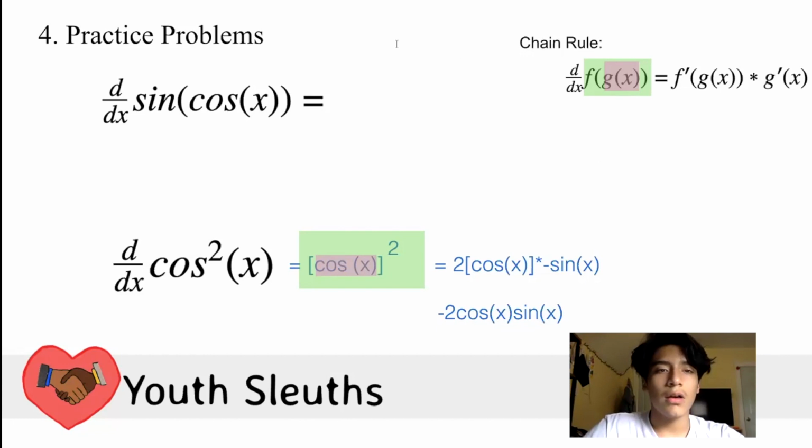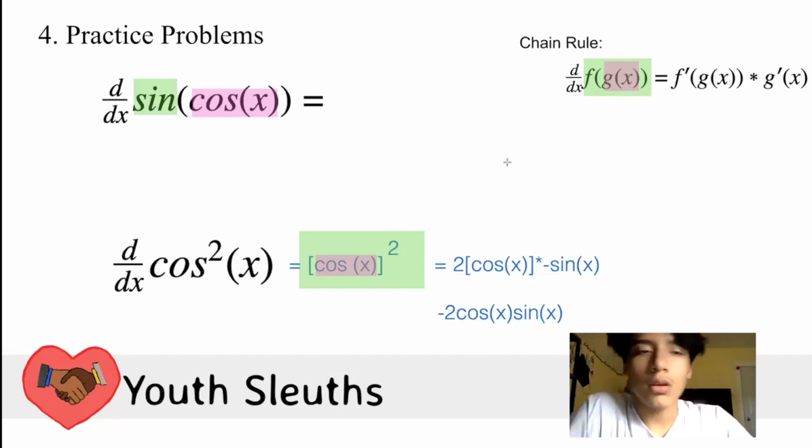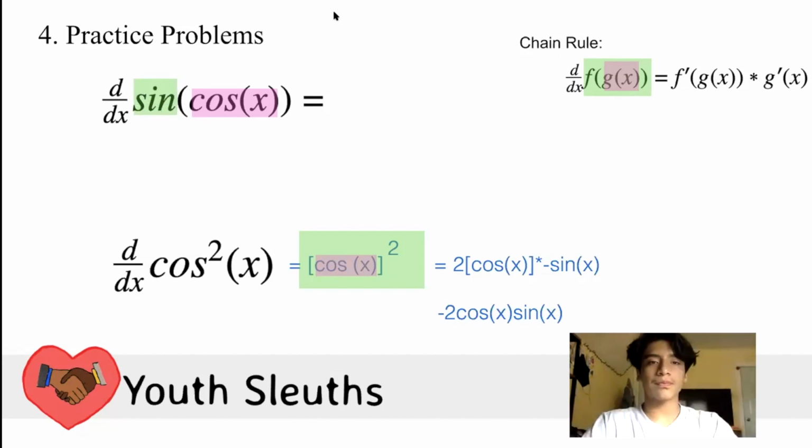Now, I want you guys to try this one on your own. Remember, use chain rule, and cosine is your g of x, and sine is your f of x. So come back when you have done the problem. Pause me, and then come back when you're done the problem.